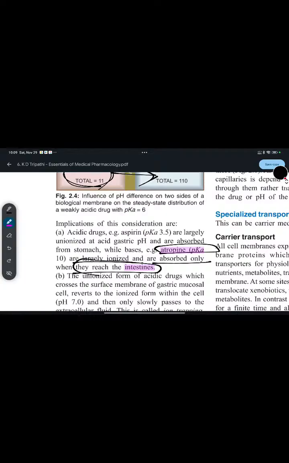So the answer will be that aspirin will be absorbed more in the stomach. Why? Because aspirin is acidic in nature, it has an acidic pKa, and it is largely unionized in the gastric acid pH and is absorbed more in the stomach.